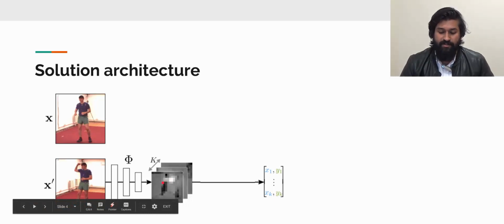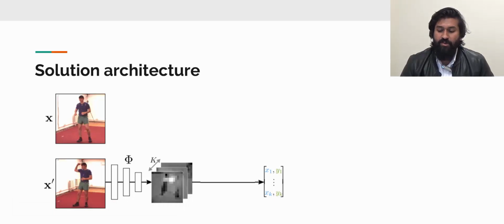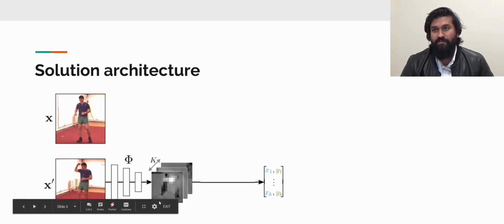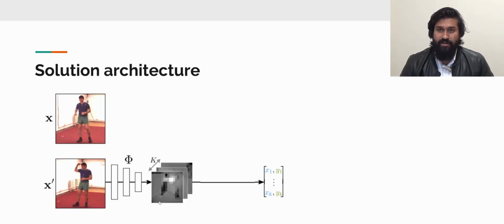So the task here would be to find the coordinate of this pixel. So how can we do that? The obvious thing would be to take the maxima of this heat map, and from that maxima we can obtain the coordinate. But they are not solving this problem in that manner.